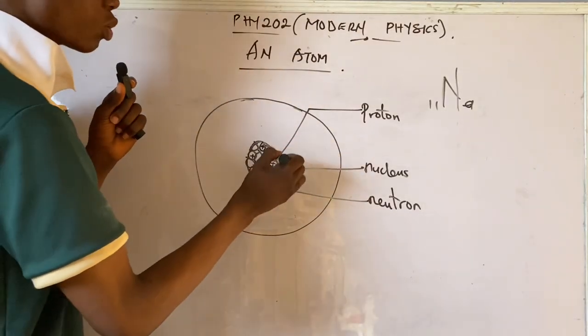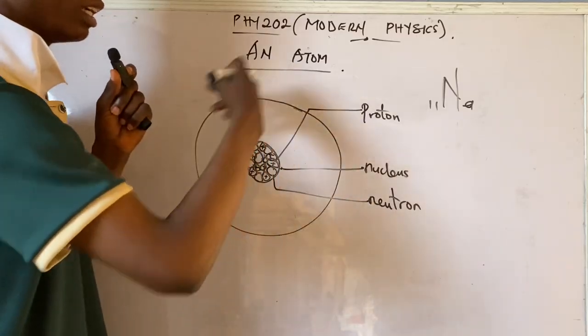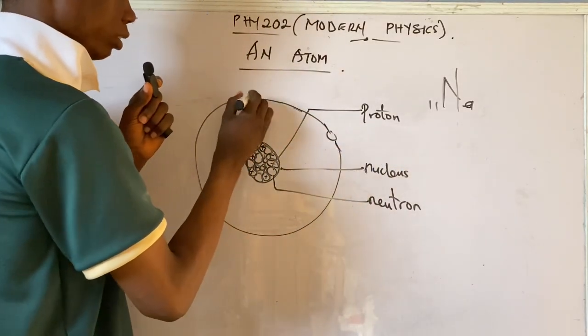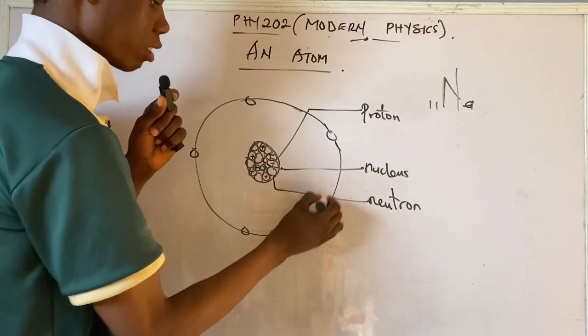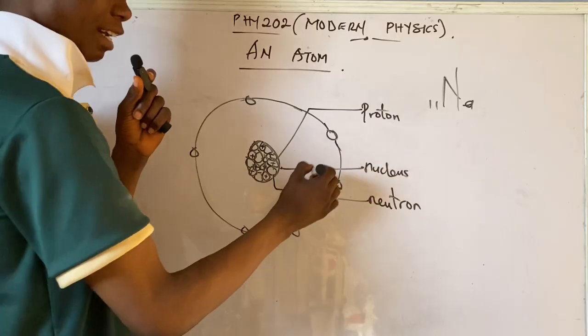It also has negatively charged particles orbiting around the nucleus. We call the negatively charged particle the electron. Electrons orbit the nucleus in specific orbits, depending on the energy level.